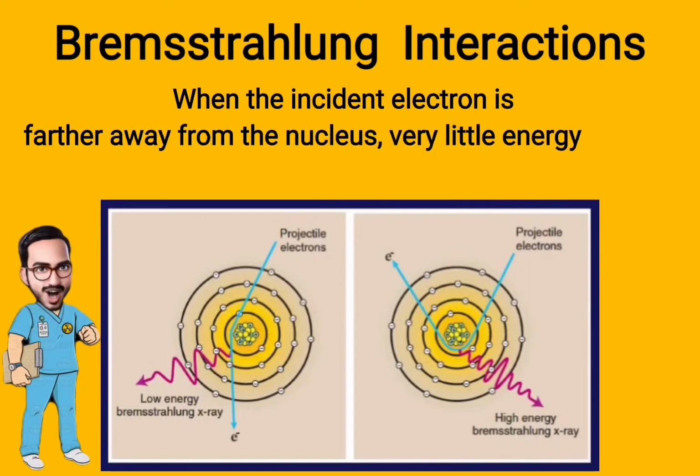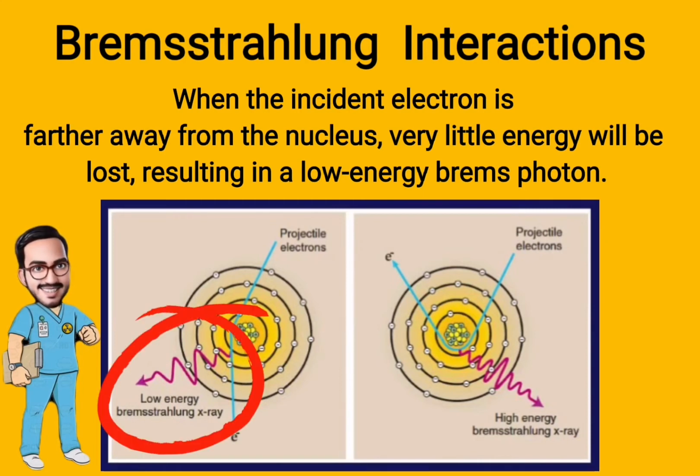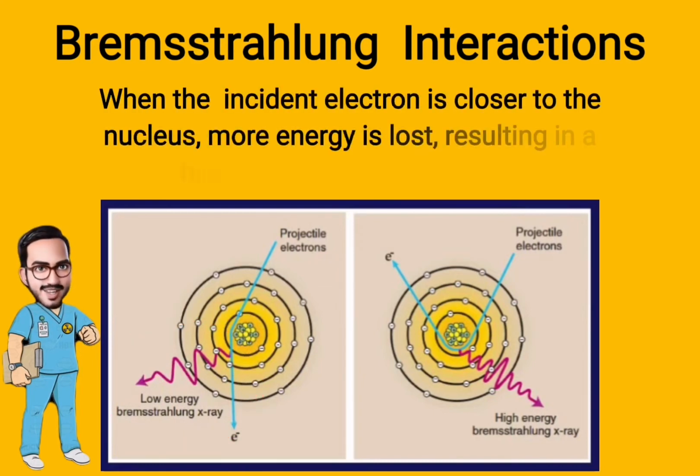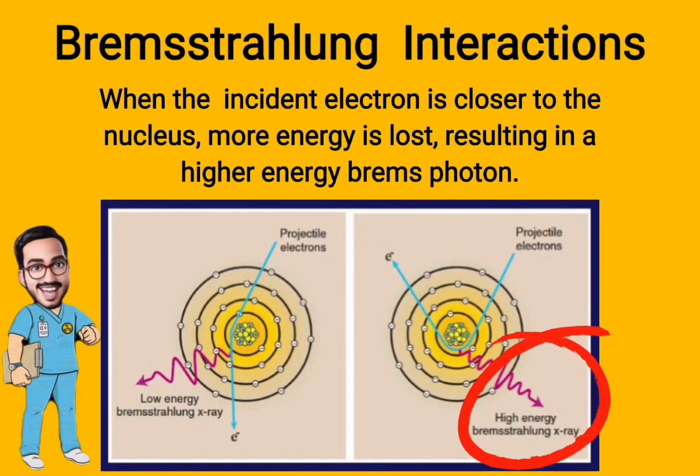When the incident electron is farther away from the nucleus, very little energy will be lost, resulting in a low energy brems photon. When the incident electron is closer to the nucleus, more energy is lost, resulting in a higher energy brems photon.